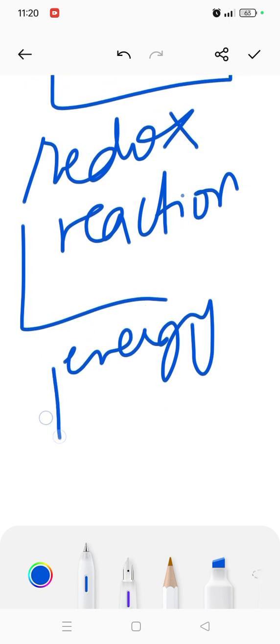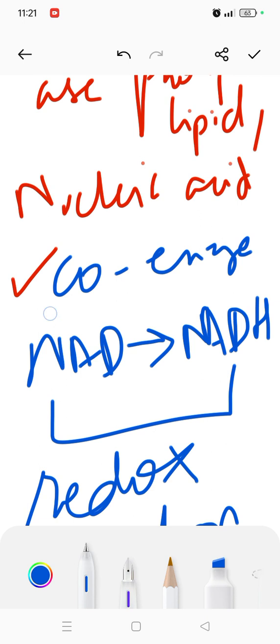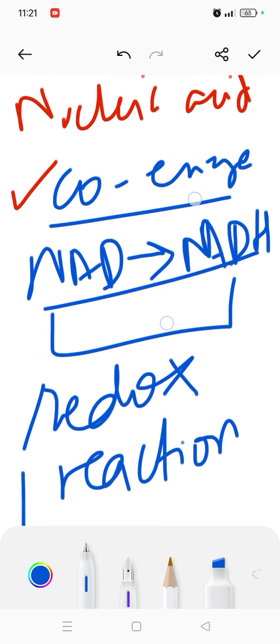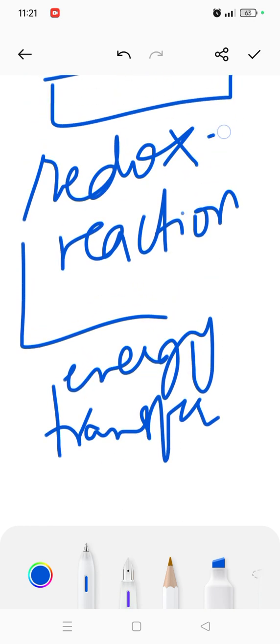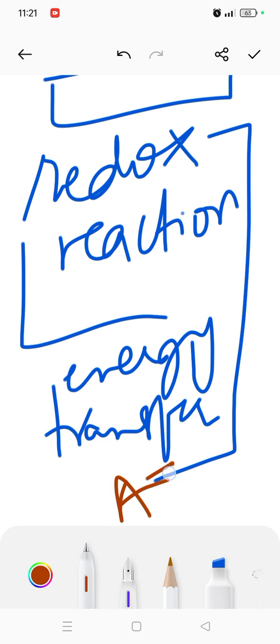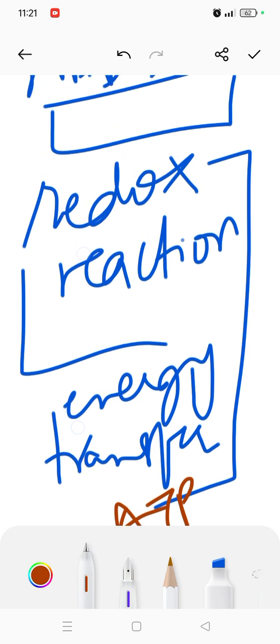And here coenzymes like NADH play a good role. And in redox reaction a major thing is required, which is ATP. So ATP has a role in energy transfer reactions, which is called a redox reaction. So I'm sure it's very much clear.